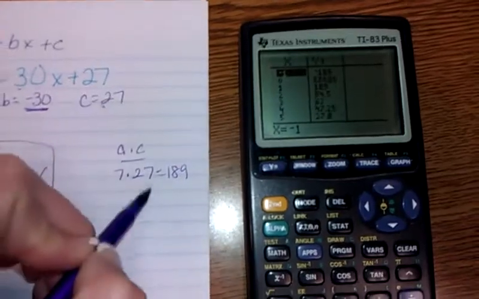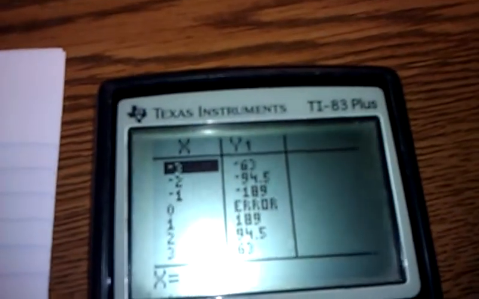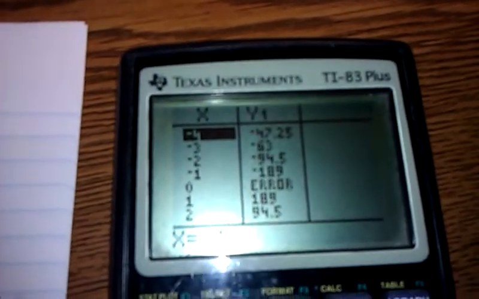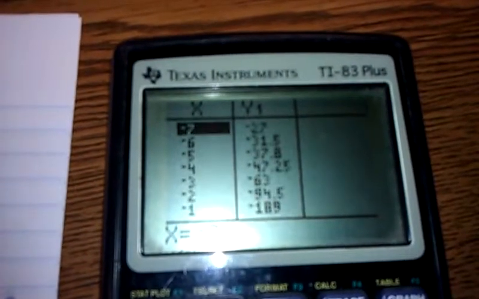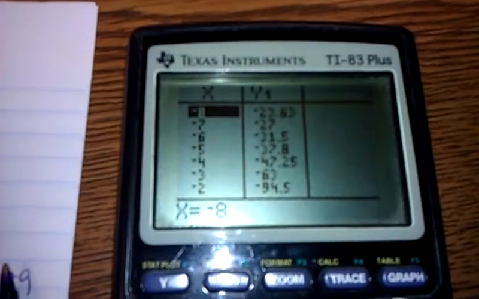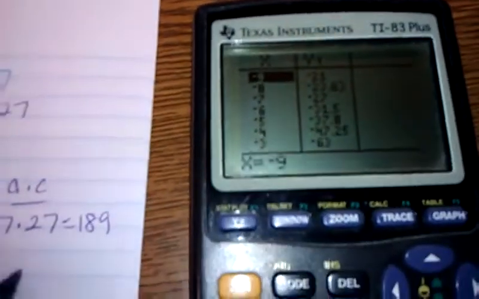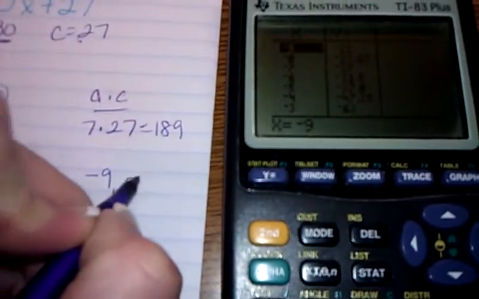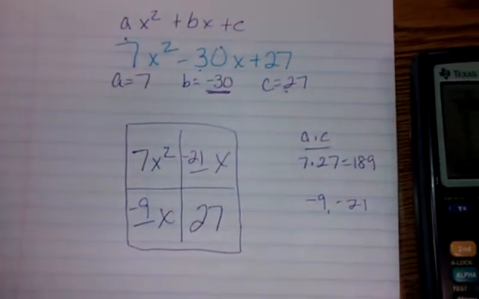Since this is positive, I'm going to look in my negatives. Well, that right there is negative 34. There it is, negative 9 and negative 21. So I'm going to put negative 9, negative 21.